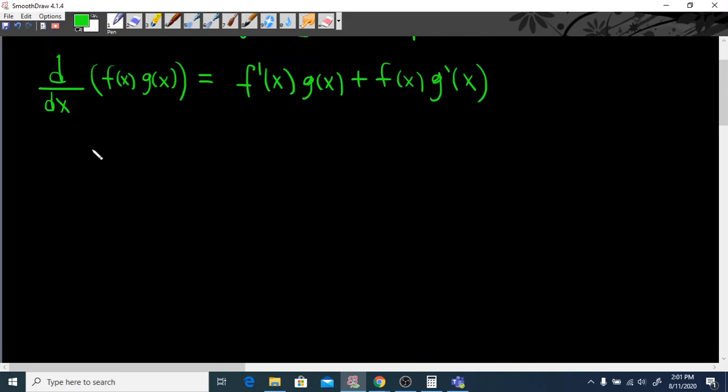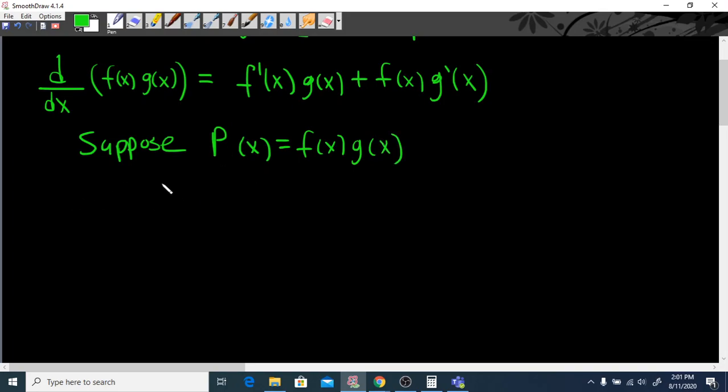All right. So suppose we have... I'm doing this h thing again. Let's not use h. Let's use p for product, right? Suppose p equals f times g.